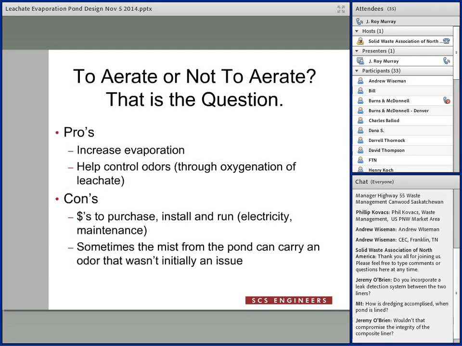Another thing is, depending on the type of aerator, if you're really getting the mist up into the air, you can have issues where I've heard of the water that had the odor issues blowing in mist across to areas offsite, taking the odors elsewhere. So you've got to look at that when you're determining what kind of aerators you want and whether or not you need them.